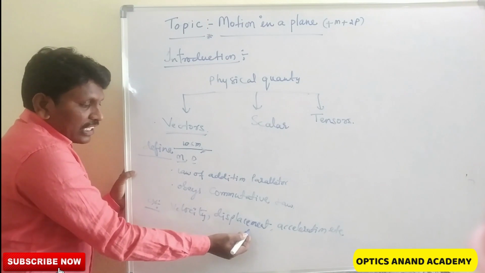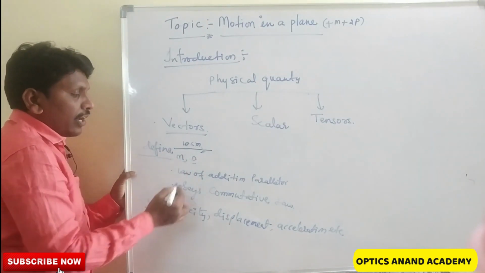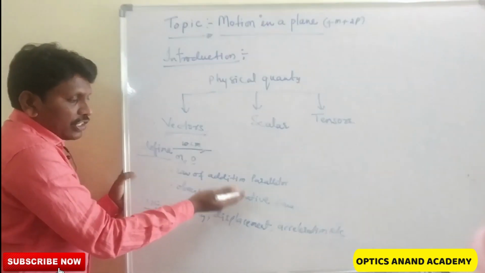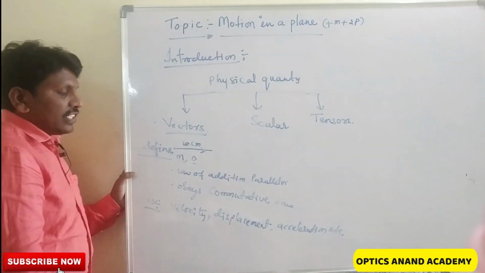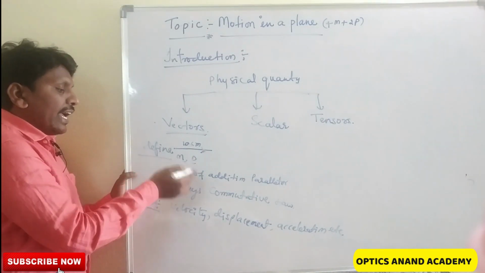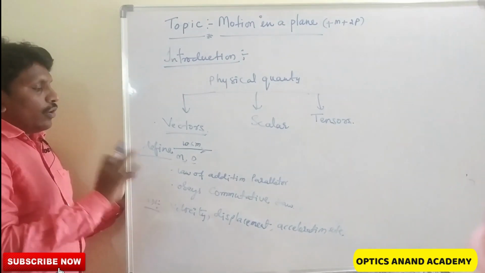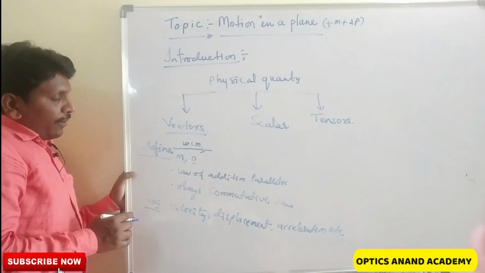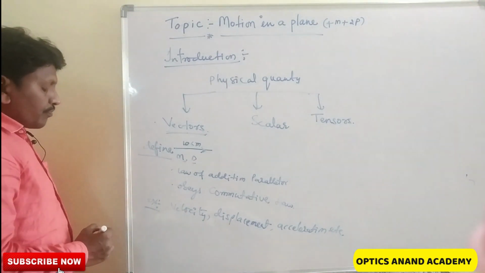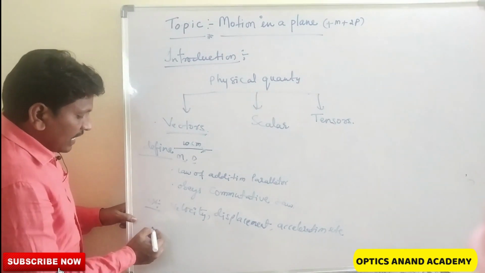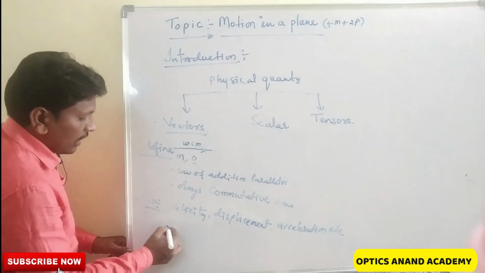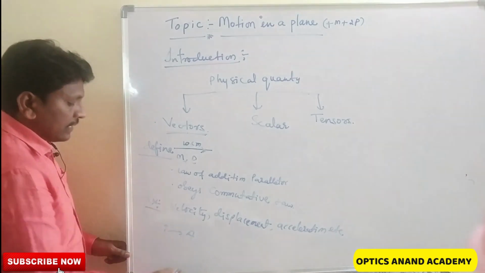Displacement has magnitude and direction and obeys these two laws, and acceleration also has magnitude and direction and obeys the two laws. Now, for example, we all know that current, that is I, is measured in amperes.